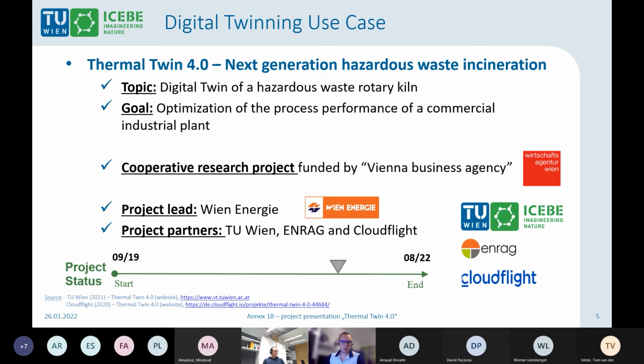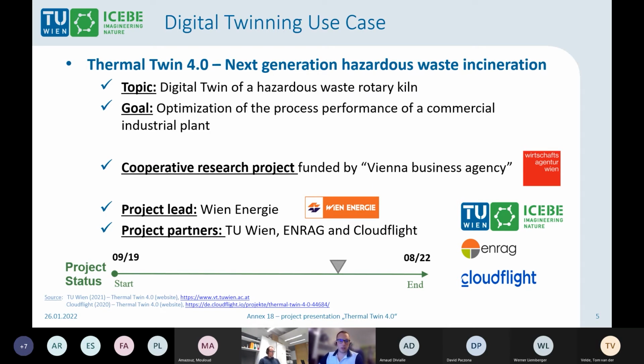It is a cooperative research project, and the project lead is Wien Energie, which is one of the biggest energy providers in Austria, especially in Vienna and surroundings. The project partners are TU Wien, which is the academic partner, NRAC, which is an SME for process engineering simulations, and Cloudflight, which are experts in data analytics, cloud computing, and so on.